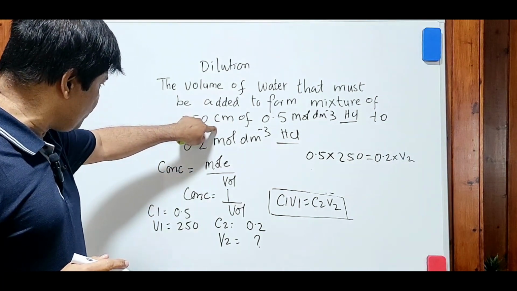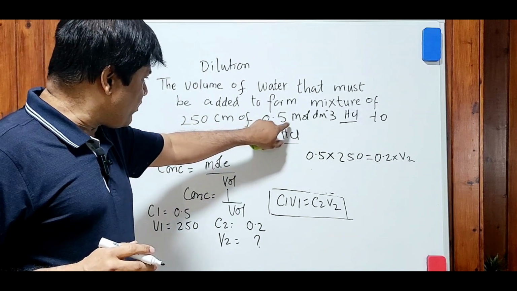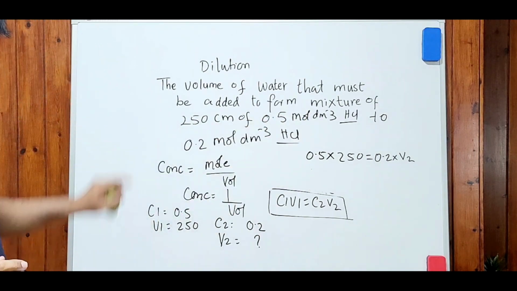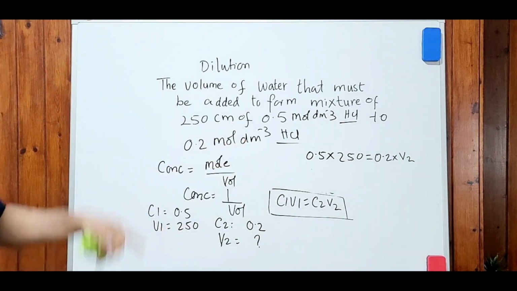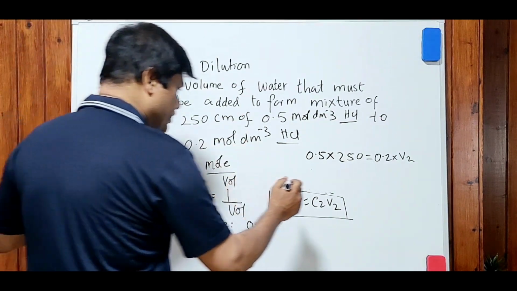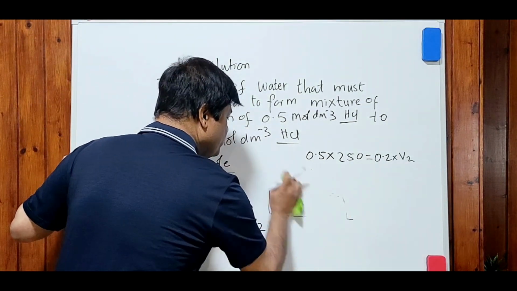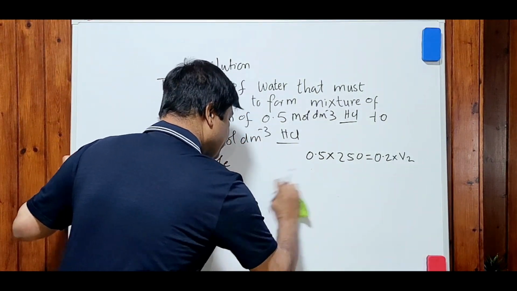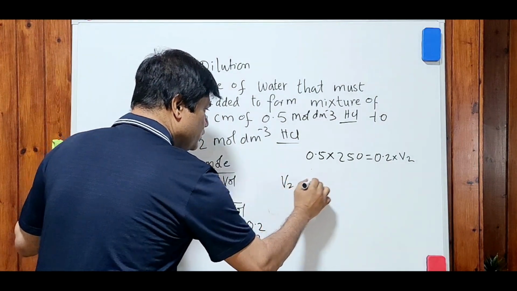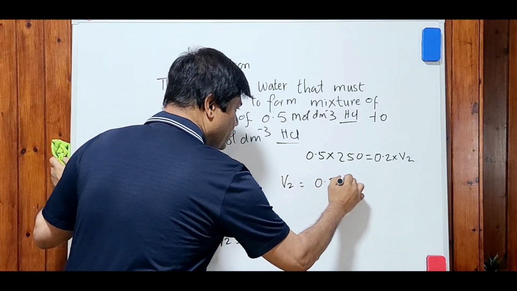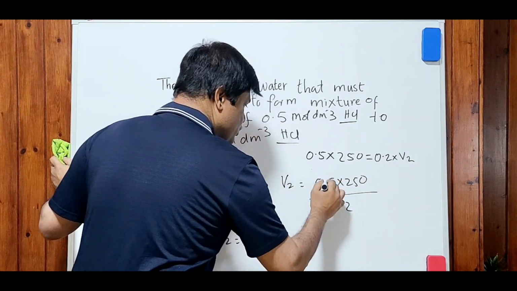This is the initial volume. Initial volume is 250, and the initial concentration is 0.5 mol dm^-3. When you add X amount of water, the volume increases. So we have to work out V2 first. V2 equals 0.5 times 250 divided by 0.2.